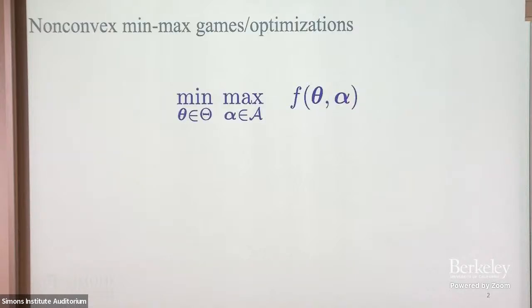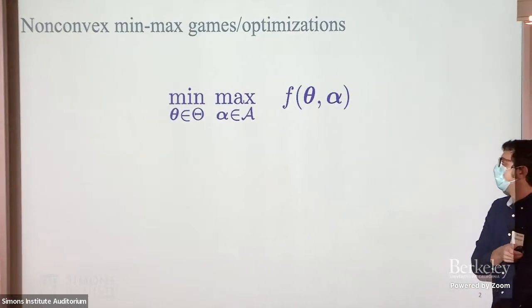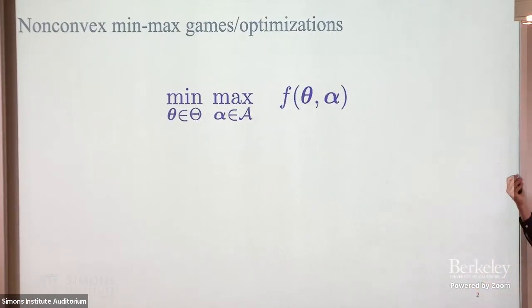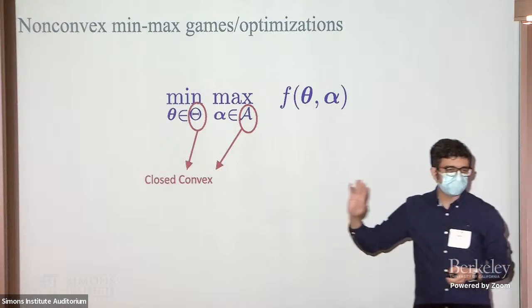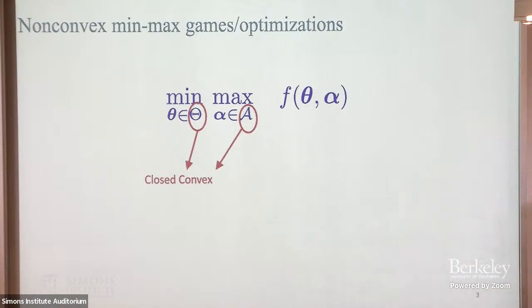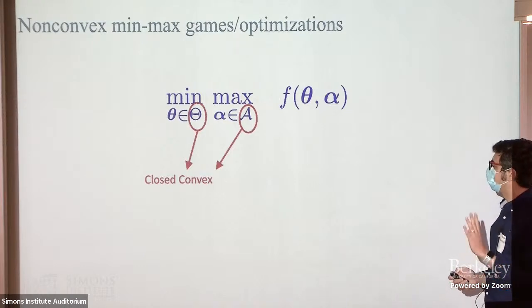So we have heard many interesting talks about min-max optimization problems. This talk is also about min-max optimization problems. I'm going to make some assumptions throughout the talk. Basically, I'm going to assume that you have a min-max problem where your constraint sets are closed and convex.